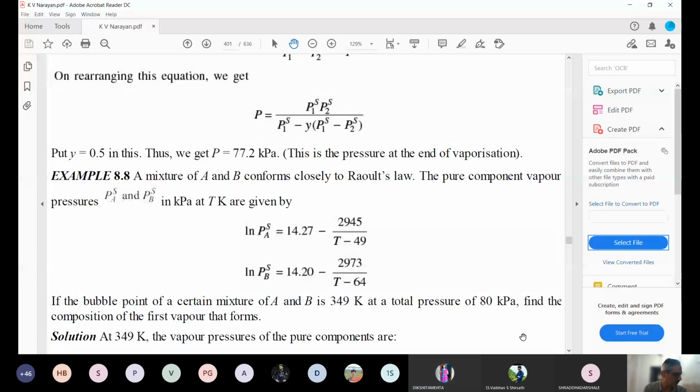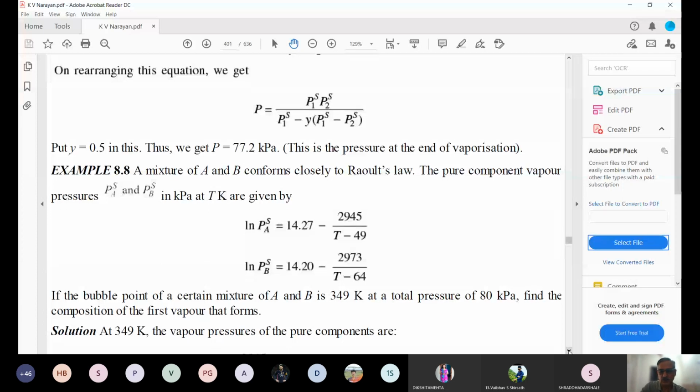So xA we have got, and then we can find out yA. Apply Raoult's law and find yA, the vapor composition. What is the value of yA?